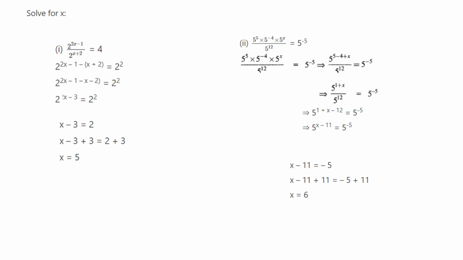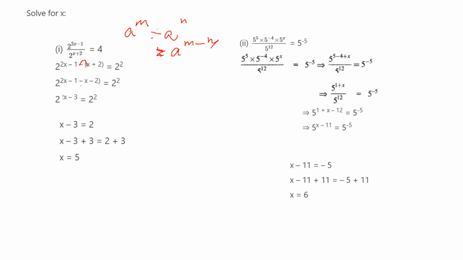Here also they are using this formula a power m divided by a power n, so a power m minus n. So 2 to the power 2x minus 1 minus bracket of x plus 2 equal to 4. We can write it as 2 square. So minus into x, here minus x, minus into plus, minus 2.